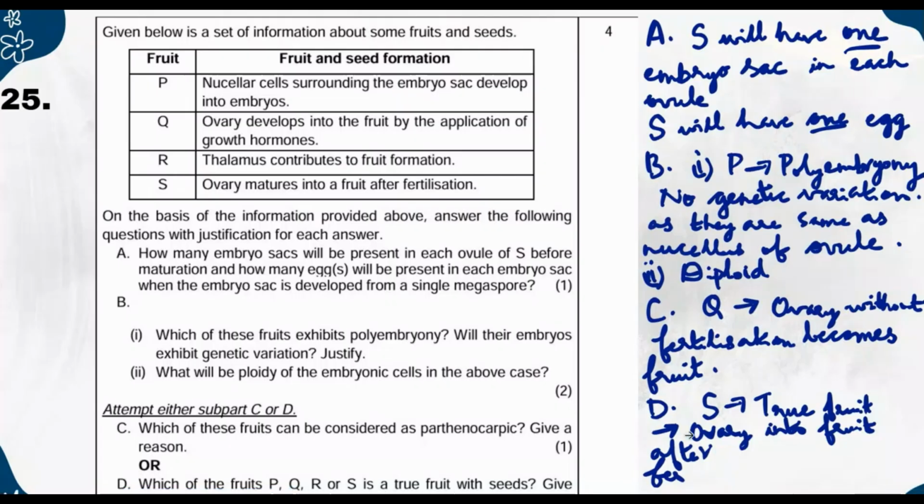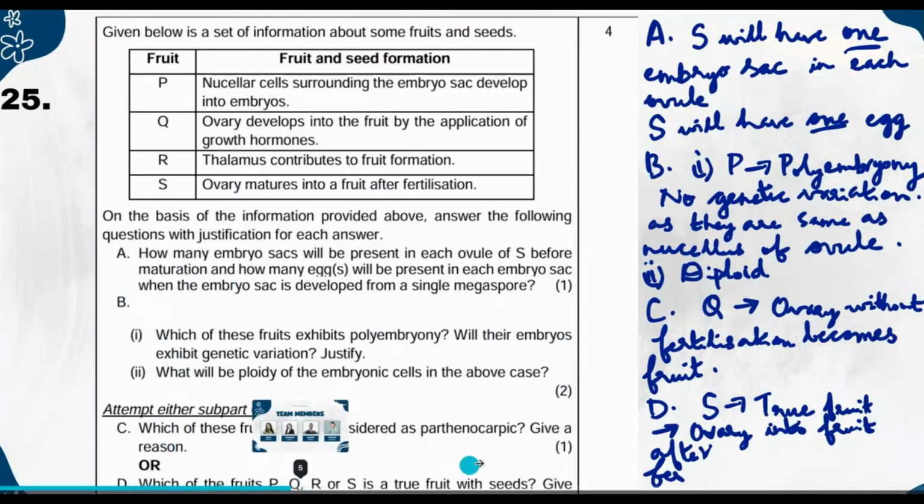This question carries 4 marks with parts A, B, C or D. Question A carries 1 mark, question B carries 2 marks, question C carries 1 mark, and D also carries 1 mark. There is an internal choice between C and D.